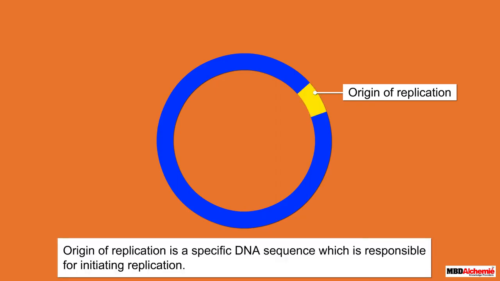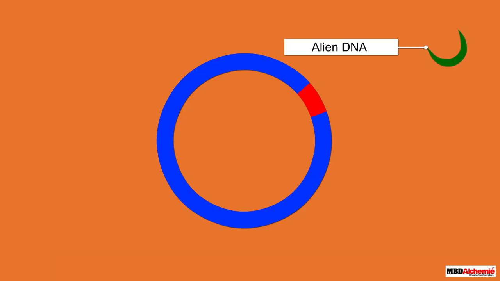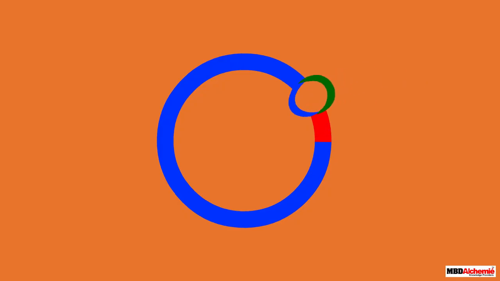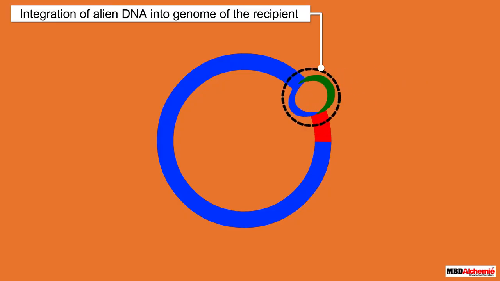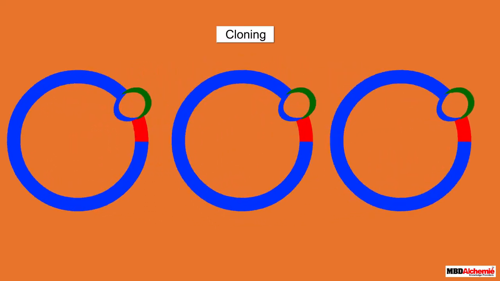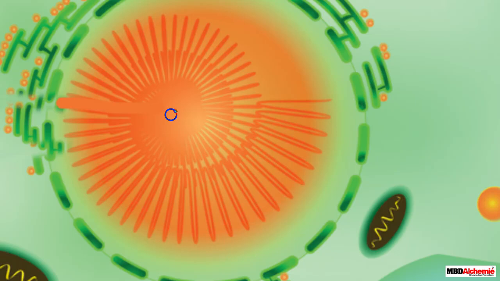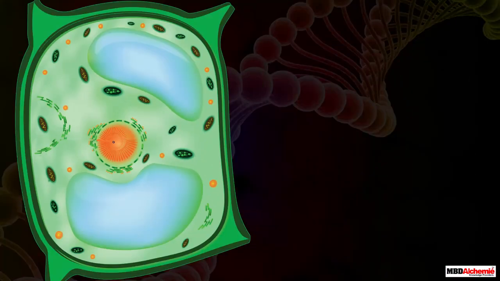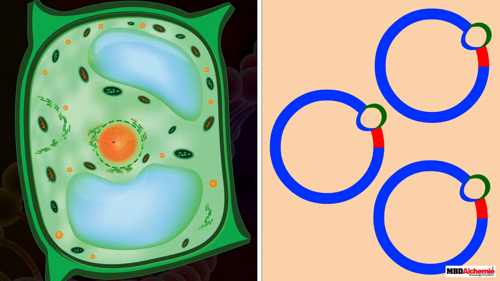The origin of replication is a specific DNA sequence which is responsible for initiating replication. So the alien DNA is linked with the origin of replication so that it gets integrated into the genome of the recipient, multiply and be inherited along with the host DNA. This can also be called as cloning or making multiple identical copies of any template DNA.